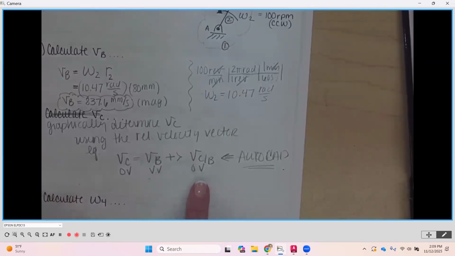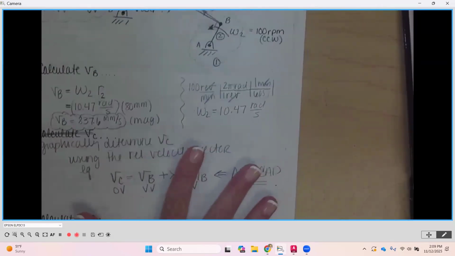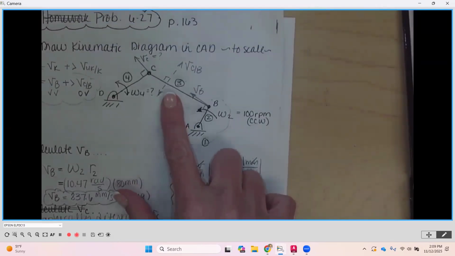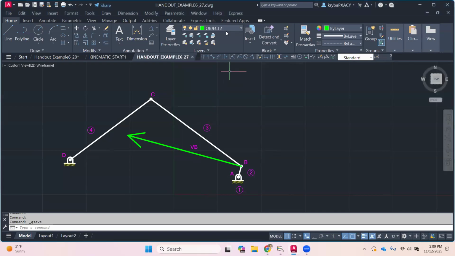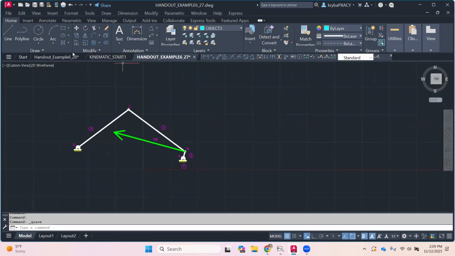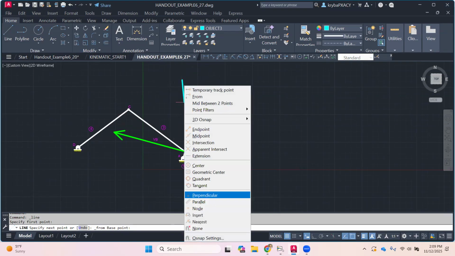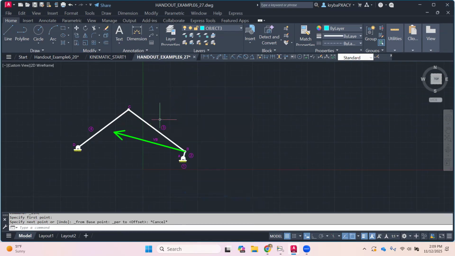Then we need to put in place the velocity of C relative to B. C relative to B is going to be perpendicular to link number 3. So go back to AutoCAD. I am going to go to my object 3, and I'm just going to draw a line randomly out here, perpendicular to that link.